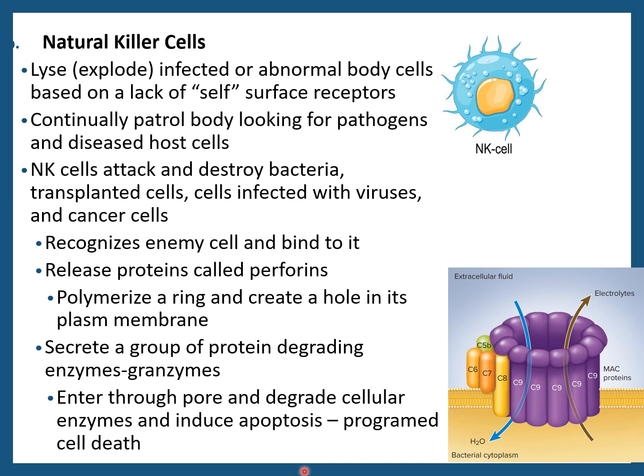And that ring will make a hole in this enemy cell's plasma membrane. And then it's also going to secrete a group of protein degrading enzymes called granzymes that will then enter through this new pore and degrade the cellular enzymes inside of that enemy cell, which induces apoptosis.